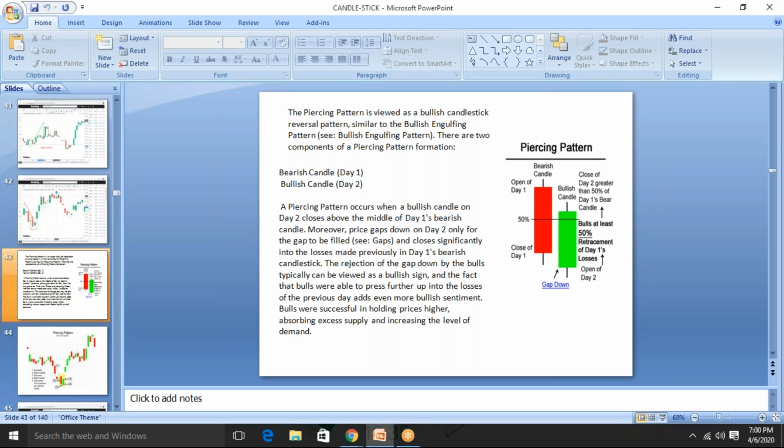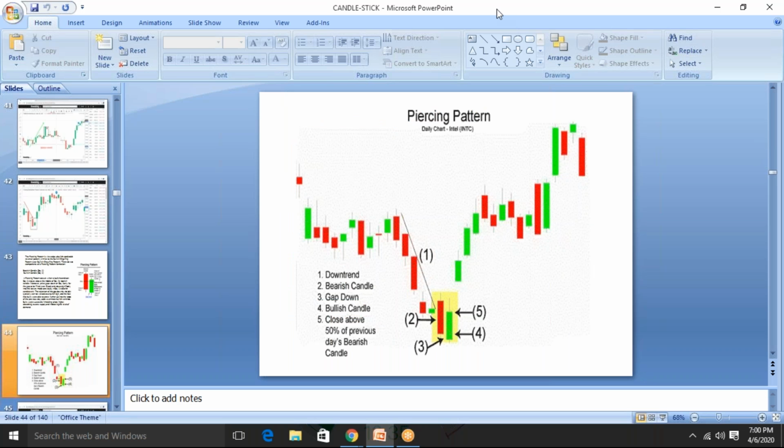Can you please repeat piercing pattern? Yeah, okay, I am repeating again. See, actually in piercing pattern, what happens? First condition, there should be a downtrend in market. 10 to 12 candles, you have to consider what is the trend. 12 candles is always fine. 12, 13 or 15 is always fine.